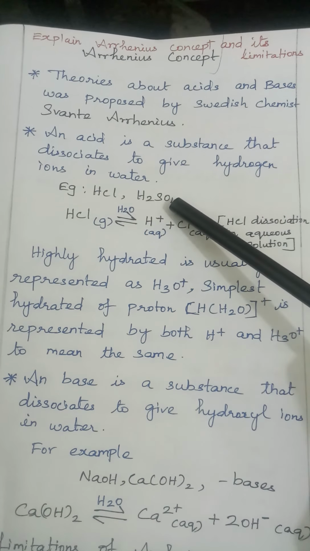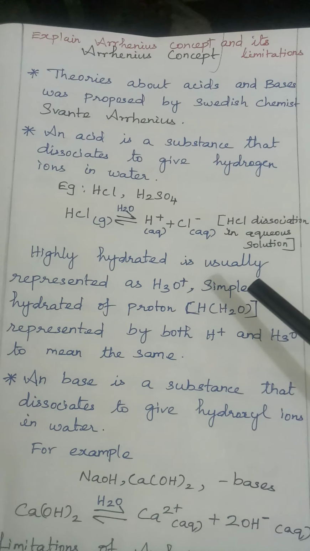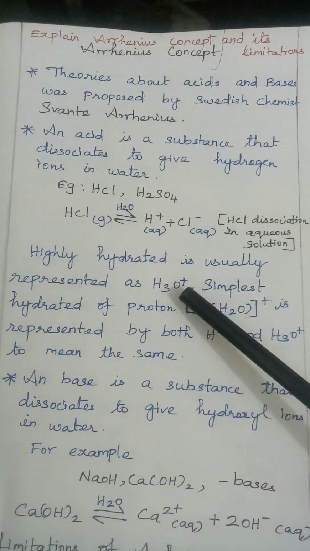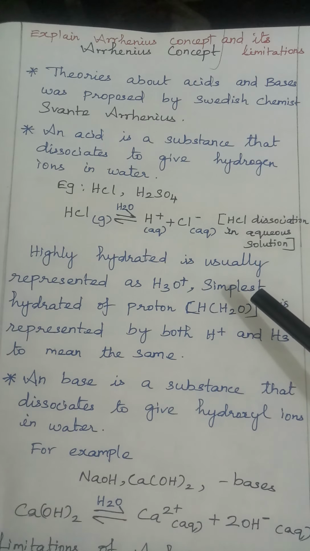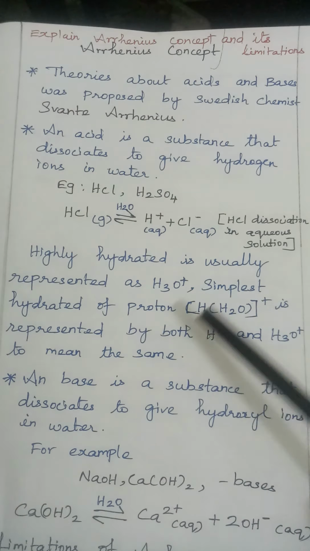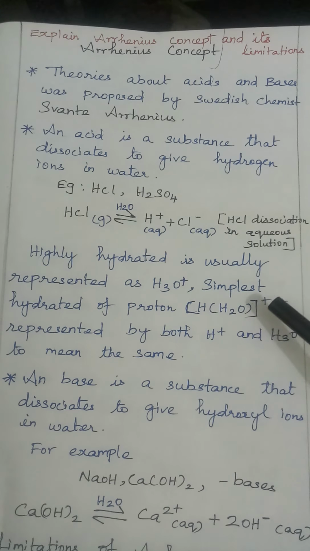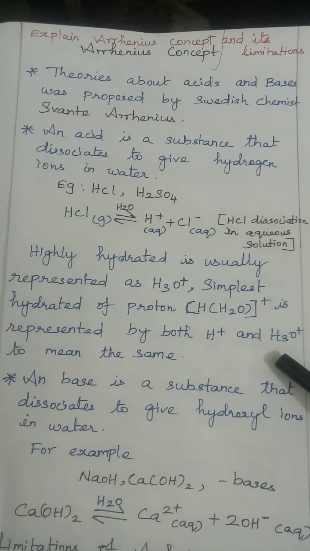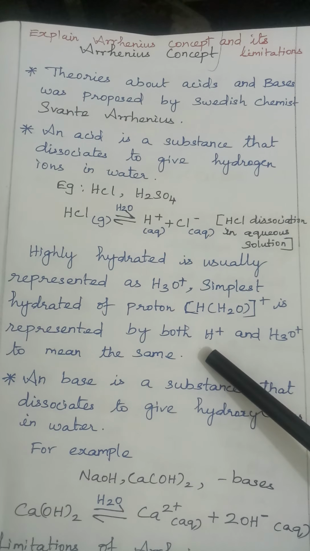HCl and H2SO4 are examples of acids. The highly hydrated proton is usually represented as H3O plus. The simplest hydrated proton is represented by both H plus and H3O plus to mean the same.